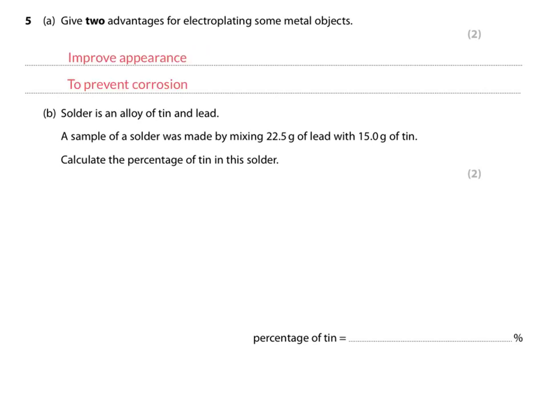So we might have a copper coin and we can electroplate it with gold, so we cover it with gold so it looks like a gold coin. And we could also electroplate something which corrodes very easily. So say you've got some iron, it undergoes corrosion, it rusts very easily, so we could electroplate it with a metal which doesn't rust so easily.